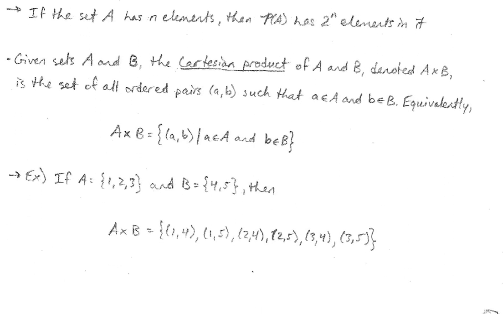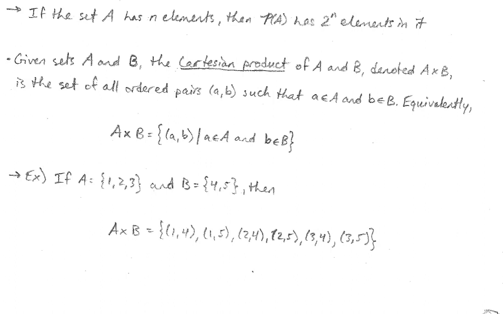And then the other set here, the Cartesian product, given sets A and B, the Cartesian product, which is denoted by A times B or A cross B or A x B, is the set of all ordered pairs such that the first guy in that ordered pair comes from the first set, namely capital A, and the second guy in your ordered pair comes from the second set, namely capital B. How would we write this as a set?